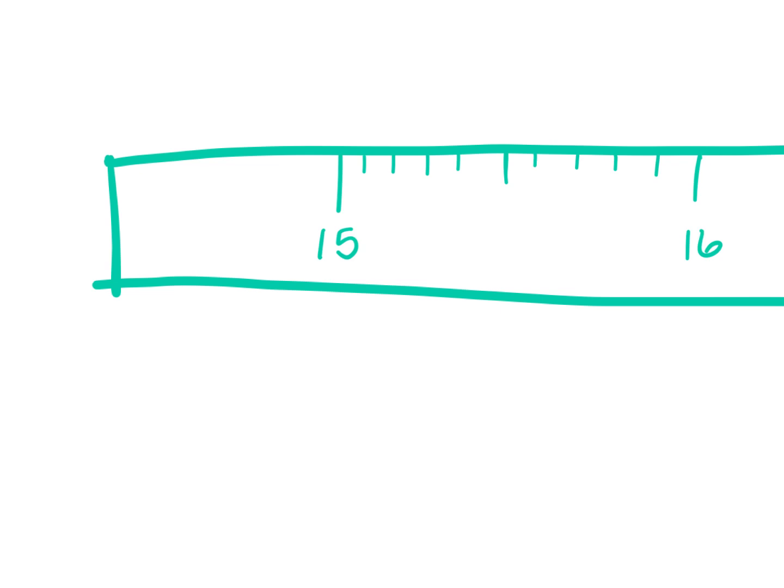Okay, so let's say I'm measuring something that goes to here. If I'm going to give a correct measurement, I have got to see where this ends up on my ruler. Where does it end up? Okay, so I'm going to take a look at it. We say it's somewhere probably about here.